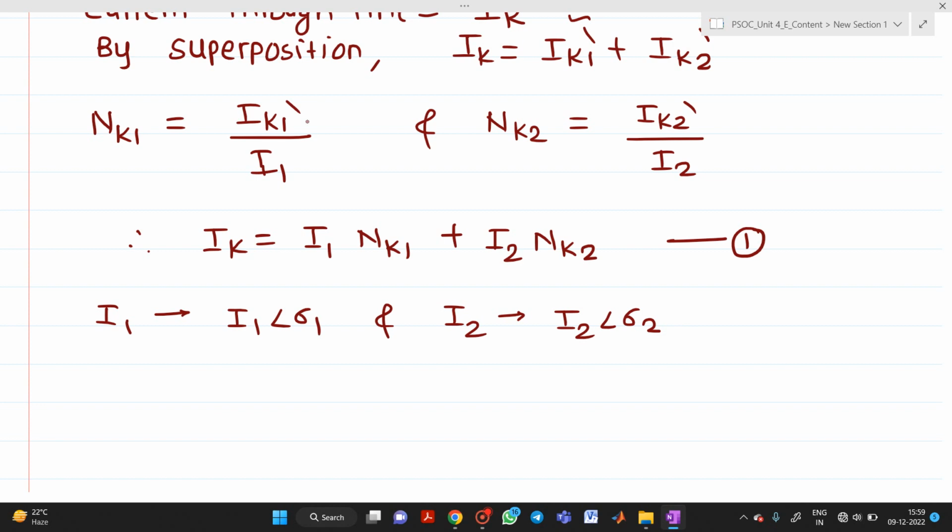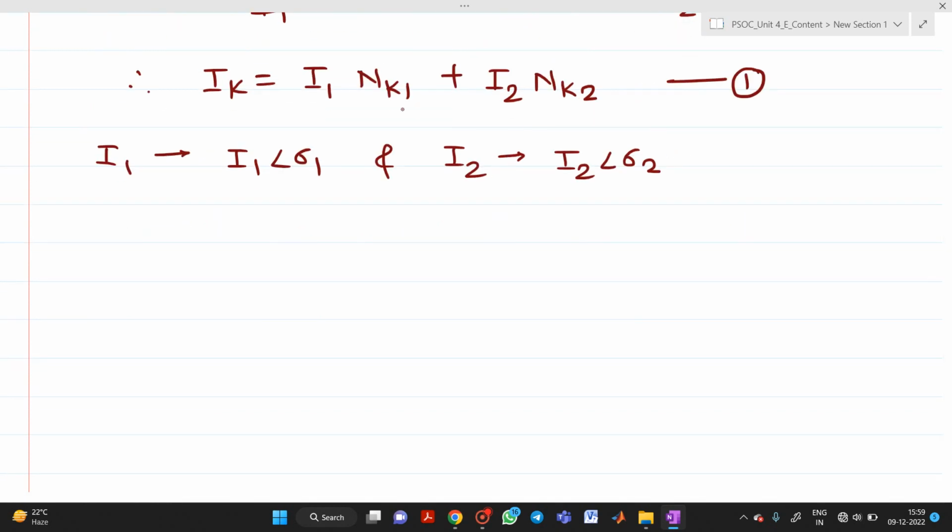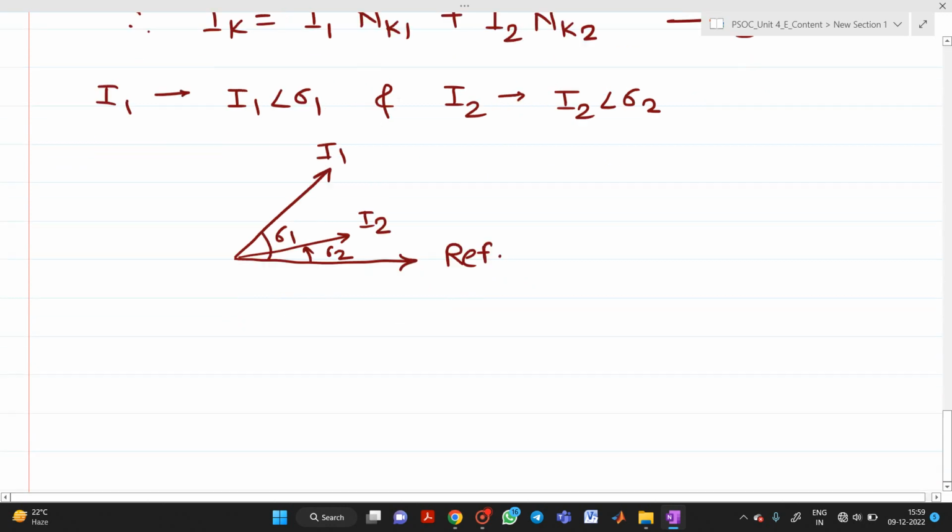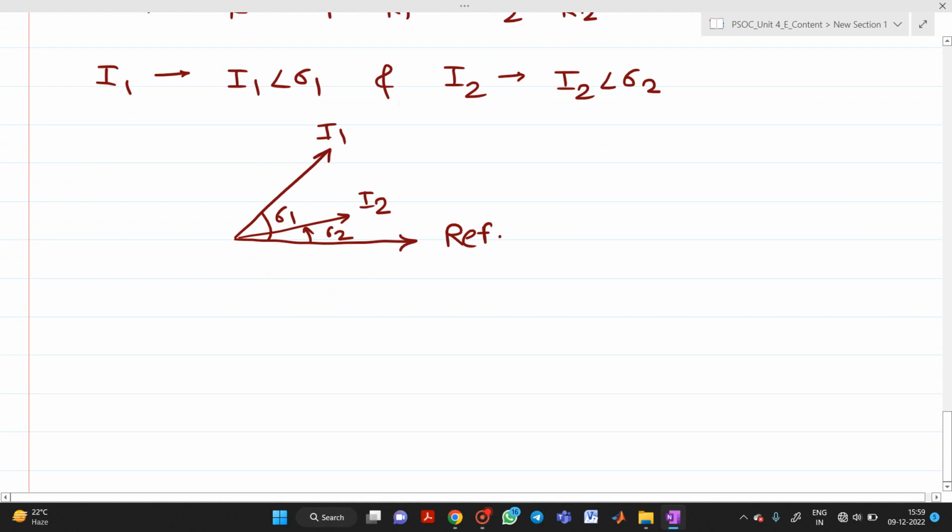Let us consider this as the reference axis. This will be one vector I1 with angle sigma 1, and a second vector I2 with angle sigma 2. This is the source current with respect to the reference.